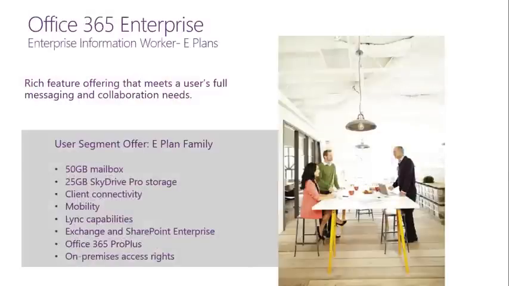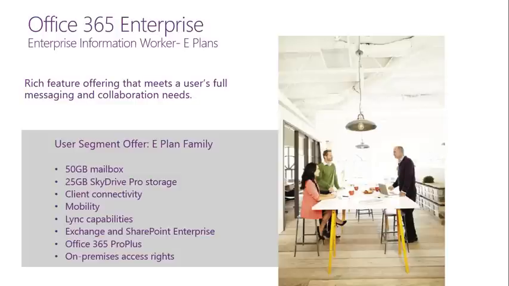Let me move on to the Office 365 Enterprise plans. Now, these are designed for any size of organization. It includes a 50 gigabyte mailbox for Exchange Online Plan 1 and 2. SkyDrive Pro, which is now renamed OneDrive, is 25 gigabyte storage.